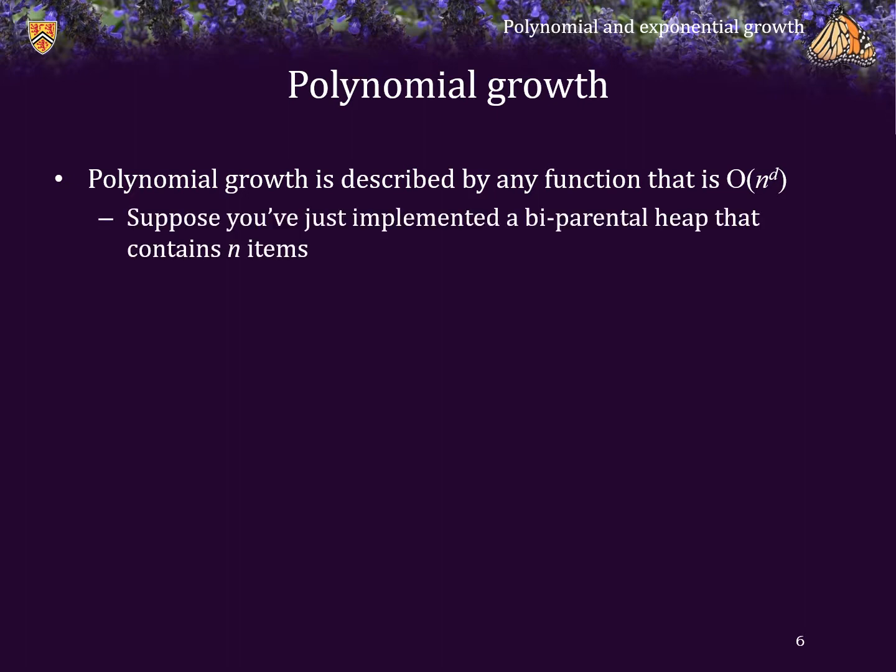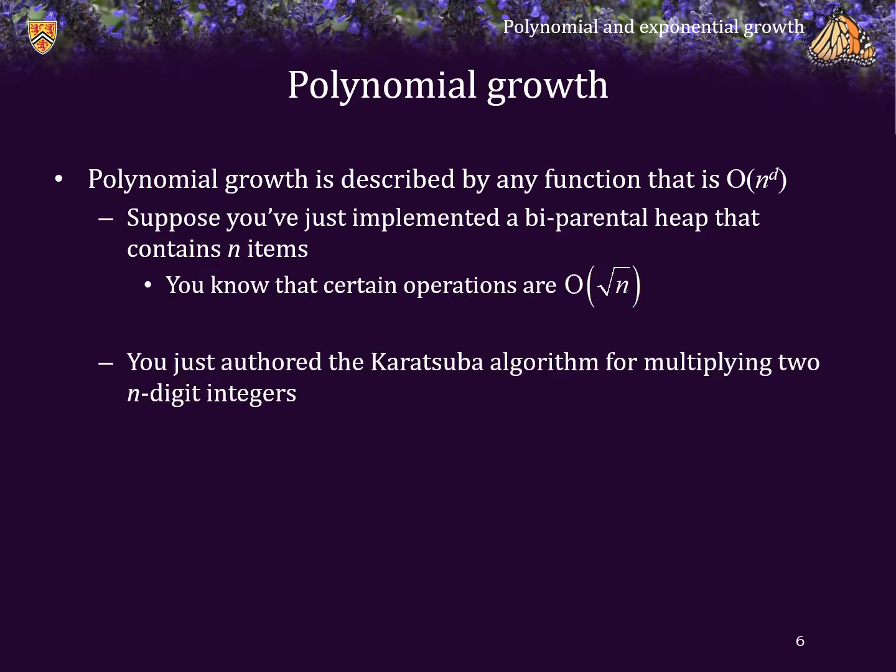So, for example, suppose that you've just implemented a biparental heap that contains n items. Well, looking at the structure of the algorithms for a biparental heap, you are aware that certain operations are big O of the square root of n. Alternatively, suppose you've just authored Karatsuba's algorithm for multiplying two n-digit integers.